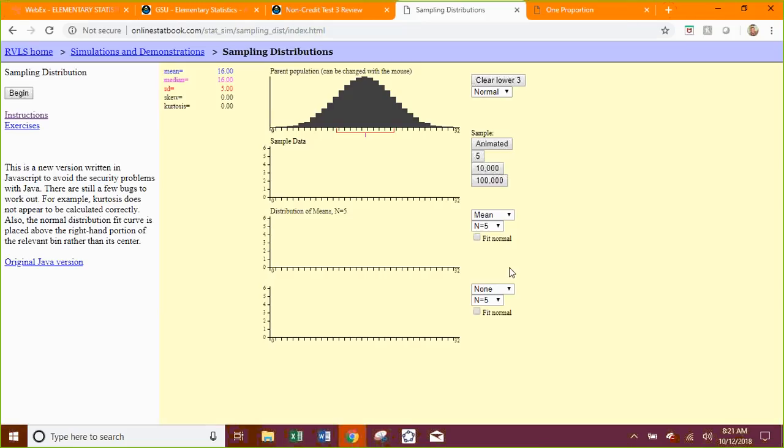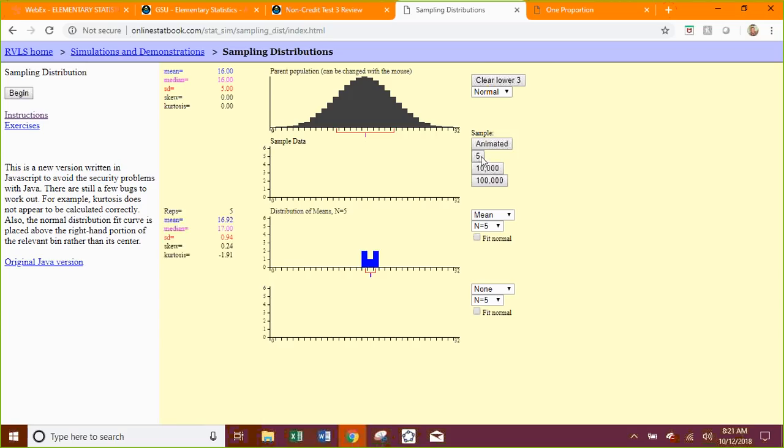I have some applets pulled up, and one of the things we're going to talk about is, if you have a population that is normal, when is the sampling distribution normal or approximately normal? So what I have here is a population that is defined to be normal, and we're just going to start sampling from this distribution.